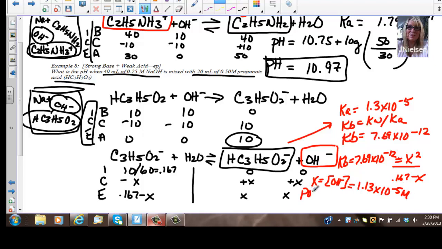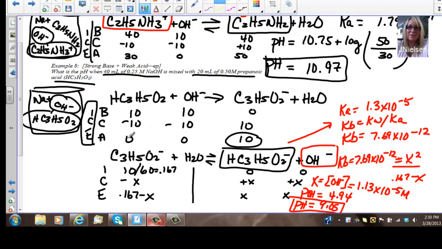From that, I can find my pOH by doing the negative log of my OH concentration, and that's going to give me 4.94. And then I can subtract that from 14 and get a pH of 9.05. And that's my end on this one.